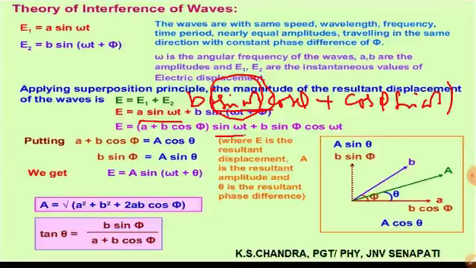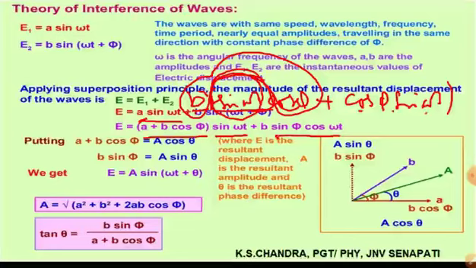Then it will be A plus B cos phi, multiplied by sine omega t, right? Got it? That is what I have written here. And what remains is what? B times sine phi cos omega t, that is here. Got it? So let's try to put it in a different way.